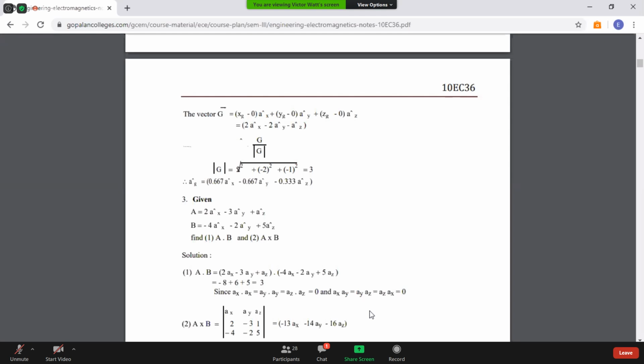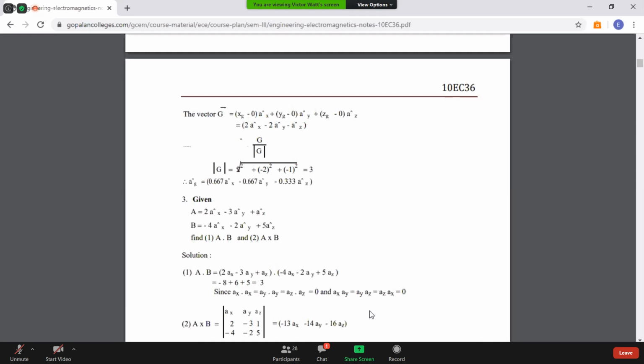Right. Remember the definition of the dot product. The dot product is A times B times cosine of the angle between them. Right?